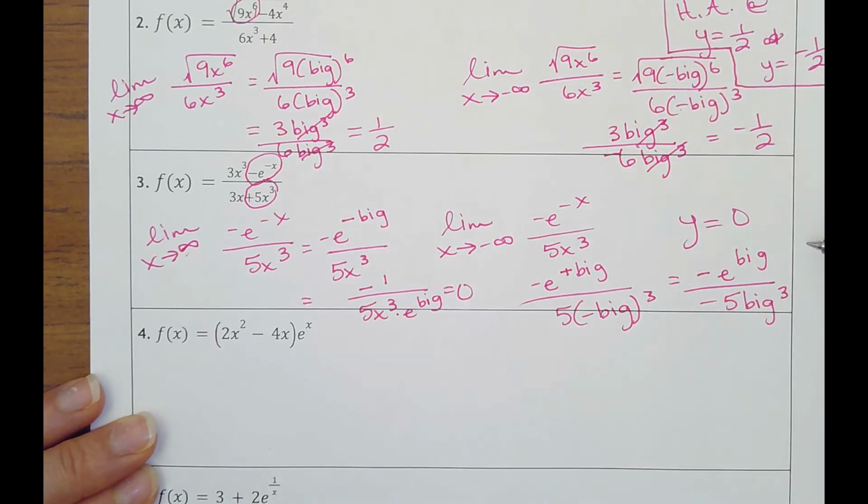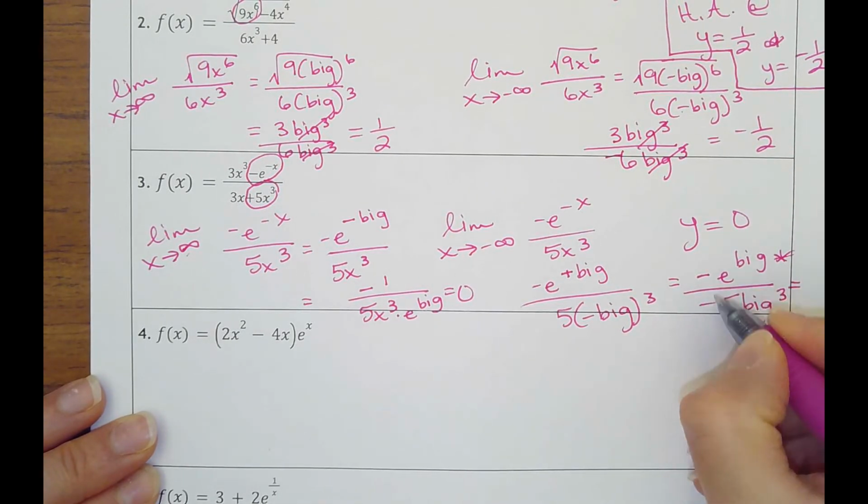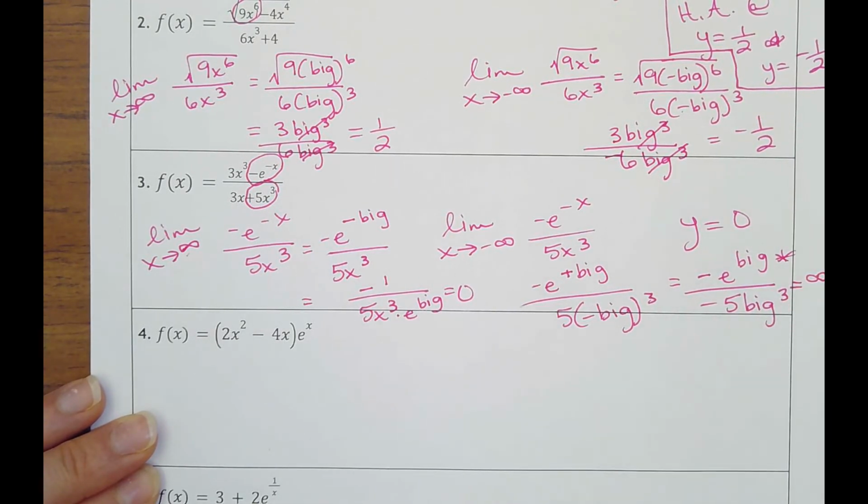All right, let's see which is bigger, or which grows the fastest. This exponential function would win. And when the exponential function wins, when we have a top thing divided by a smaller bottom thing, then that is going to be an infinity, and we have a negative divided by negative, so that's positive infinity.